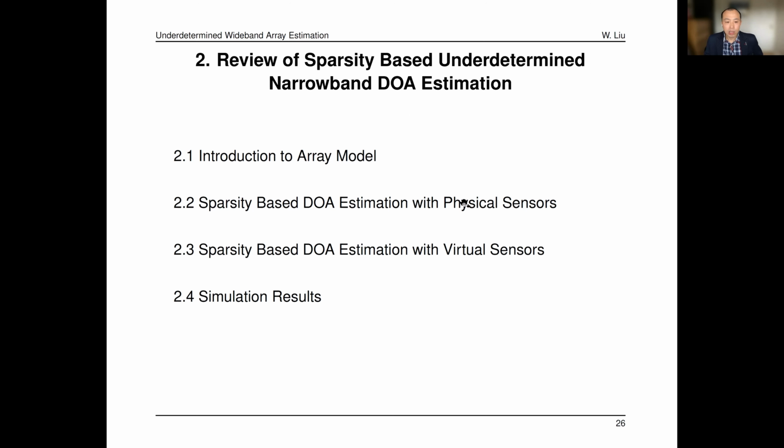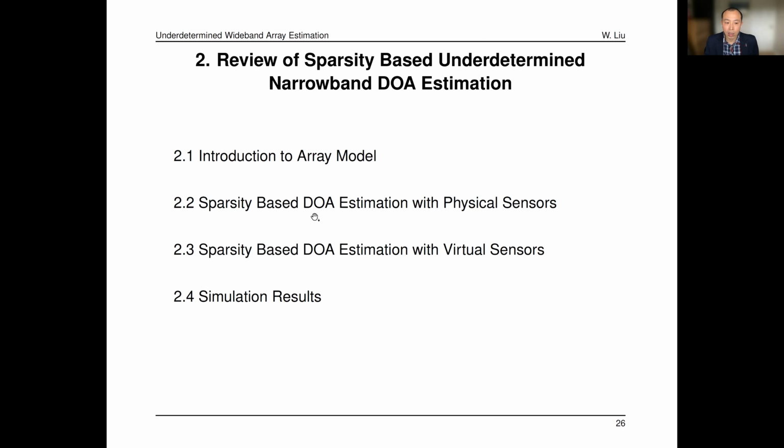There are many methods available for sparsity-based DOA estimation, and you can classify them into different categories based on different criteria. Here I just give a few representative methods, and we can classify them. My criterion is whether they apply the sparsity-based approach to physical sensors or virtual sensors.